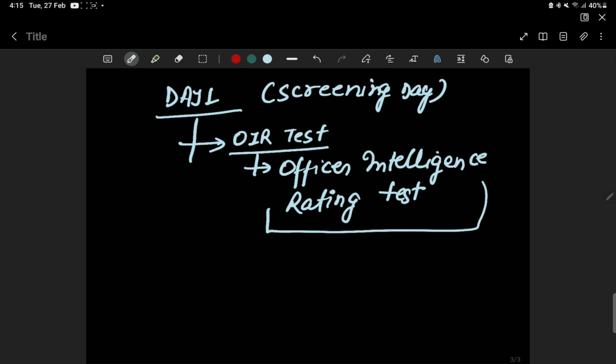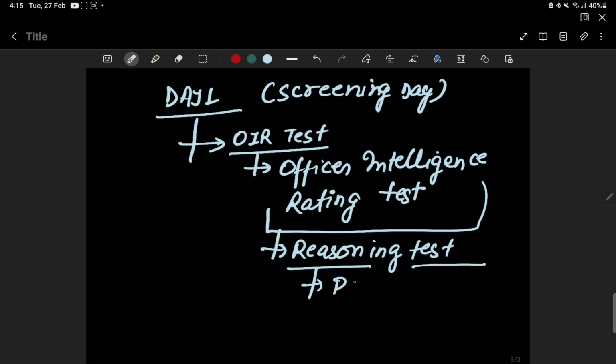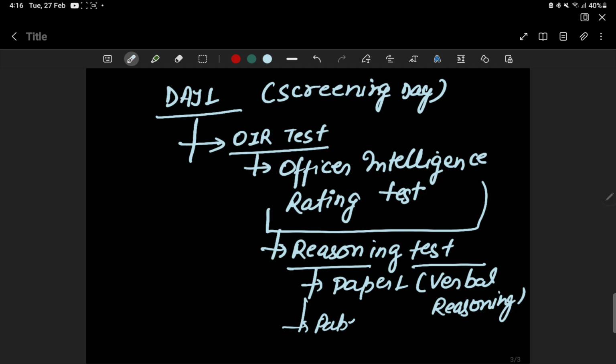These are reasoning tests and there are basically two papers. Paper 1 is verbal reasoning, and paper 2 is your non-verbal reasoning.